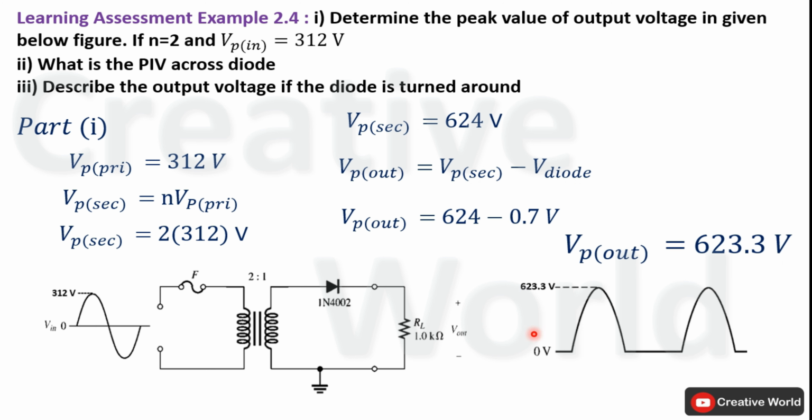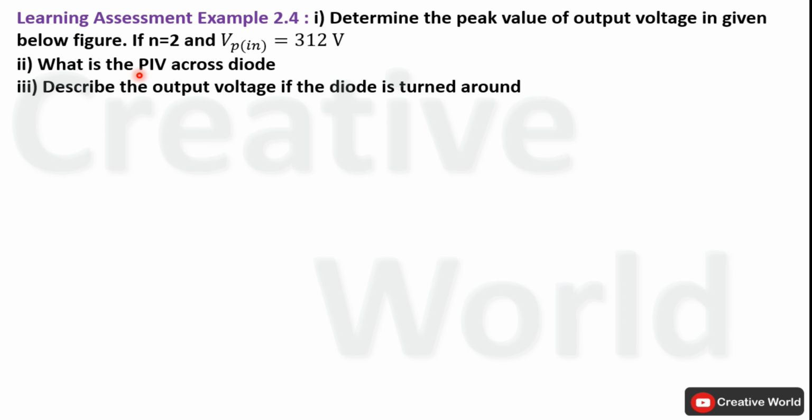This will be the output waveform of this half wave rectifier circuit. Maximum voltage appearing across this 1 kilo ohm resistance is 623.3 volt and this circuit is conducting only half cycle of the AC waveform. Move towards the second part.